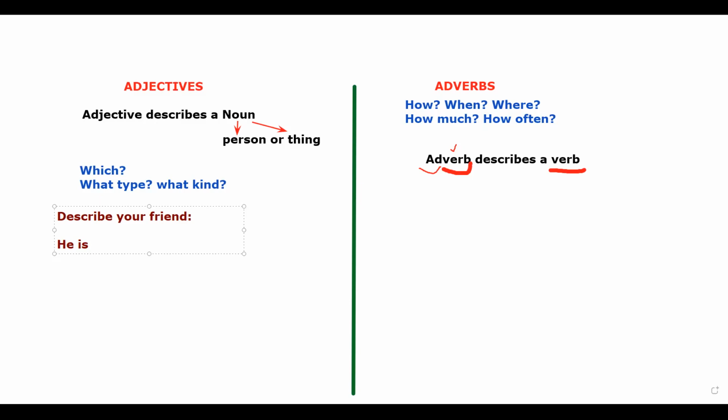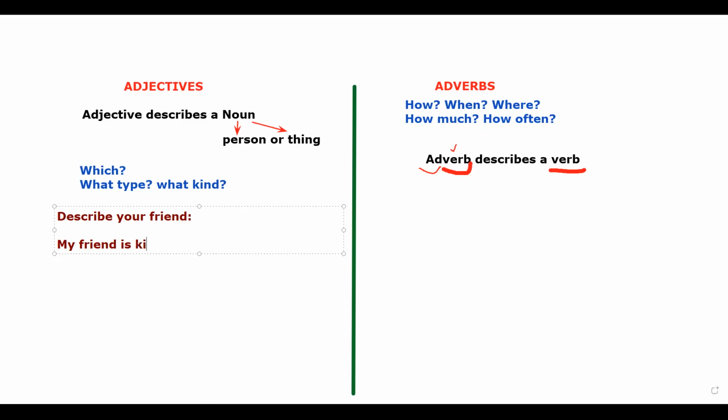My friend is. What can you say about your friend? All words you'll be using now about your friend, all those words are adjectives. So now you're going to describe your friend using adjectives, okay?